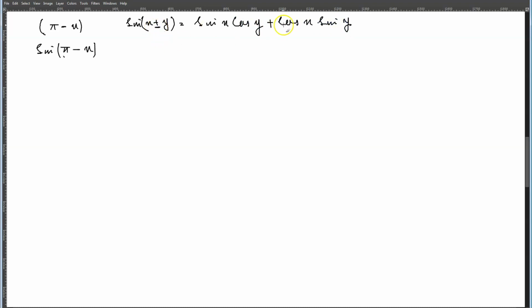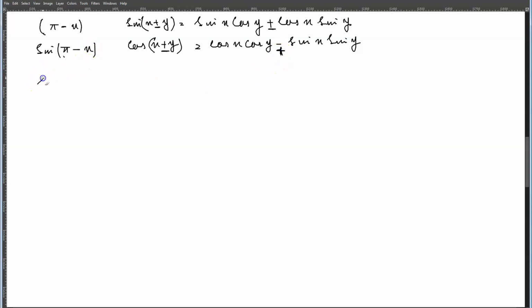And if you have a negative here, you will get a negative here. Also, we said that the cos of x plus y is equal to cos x cos y minus sine x sine y. And if you get a negative here, you'll get a positive here.